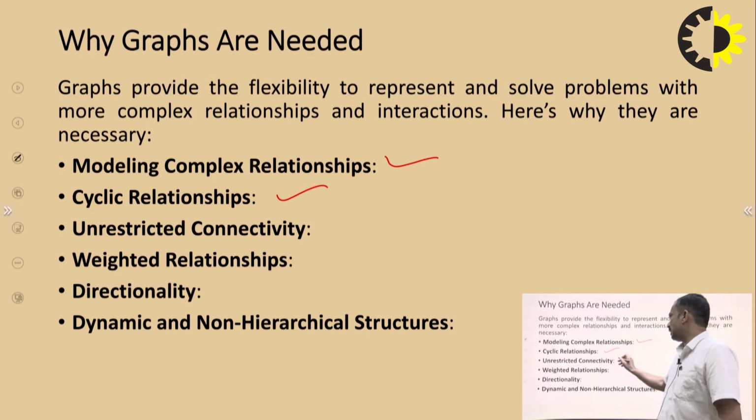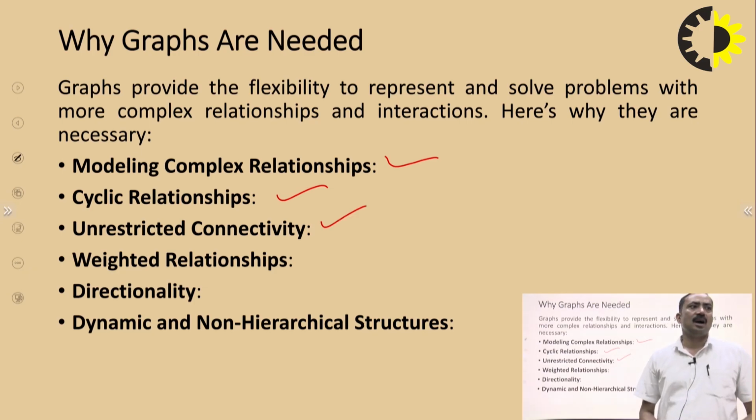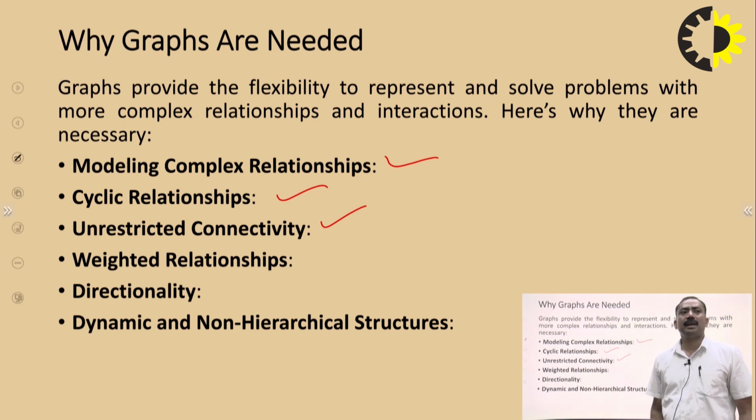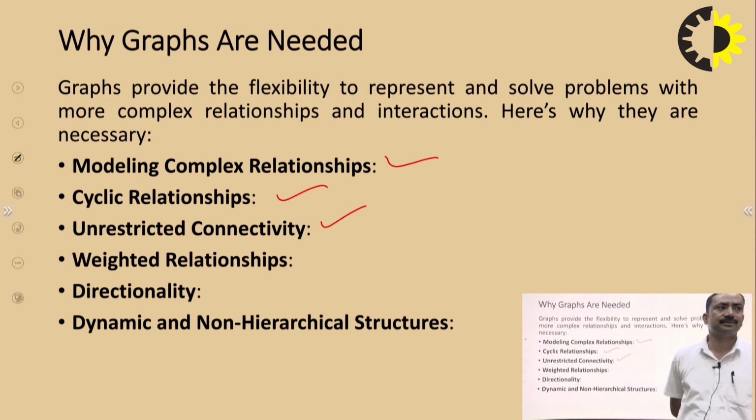Unrestricted connectivity: nodes in a graph can have any number of connections or edges, making them suitable for representing networks like transportation networks, train networks, airline networks, internet connections. These all networks are connected without any restrictions.